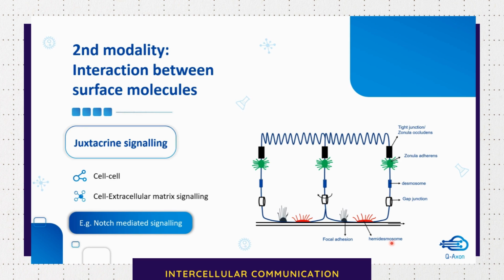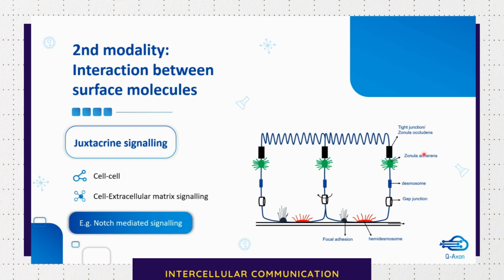Now one thing you should remember is that these junctions basically consist of certain proteins, and these proteins interact with the filaments inside the cell. So there are cytoskeletal elements inside the cell. A simple way to remember is the two A's: zonula adherens and focal adhesion.